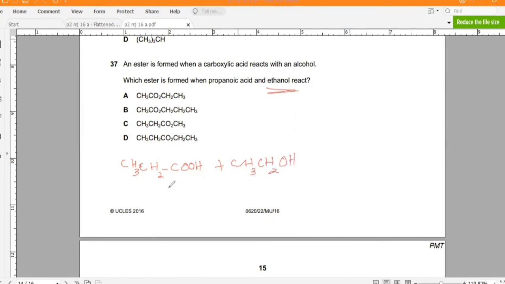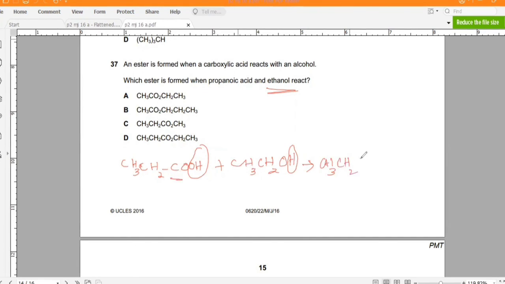Simple. Now in the esterification reaction, what happens? One molecule of water will be eliminated. That means OH from the carboxylic acid and hydrogen from the alcohol will be eliminated, and the remaining compound you write as it is. CH3, CH2, you just write, then CO, and flip this side. That means oxygen, CH2, and CH3, plus water is eliminated.